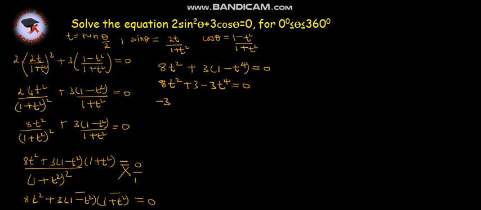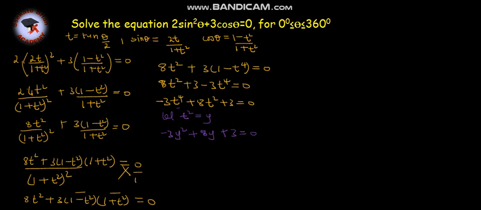We shall have negative 3t to the power 4 plus 8t squared plus 3, everything equal to 0. Now members, if we look at that equation, it is in terms of t, and we can say let t squared equal to y. So we shall have negative 3y squared plus 8y plus 3 equal to 0.